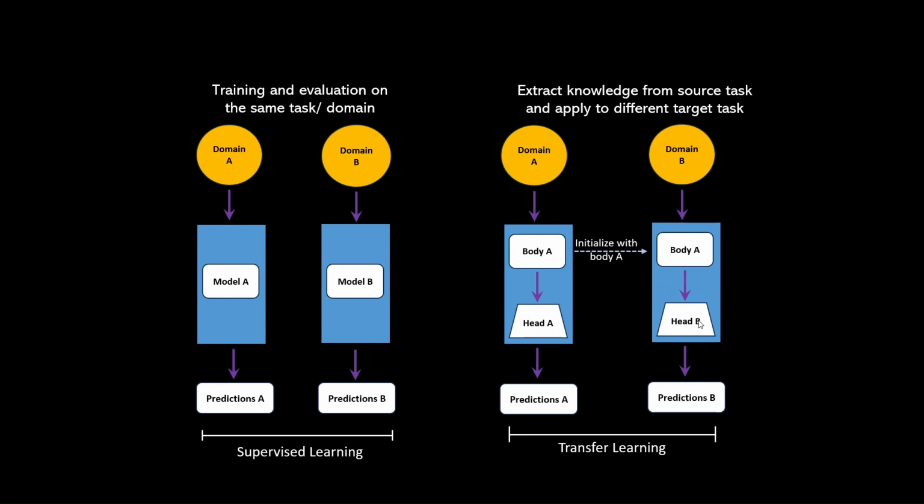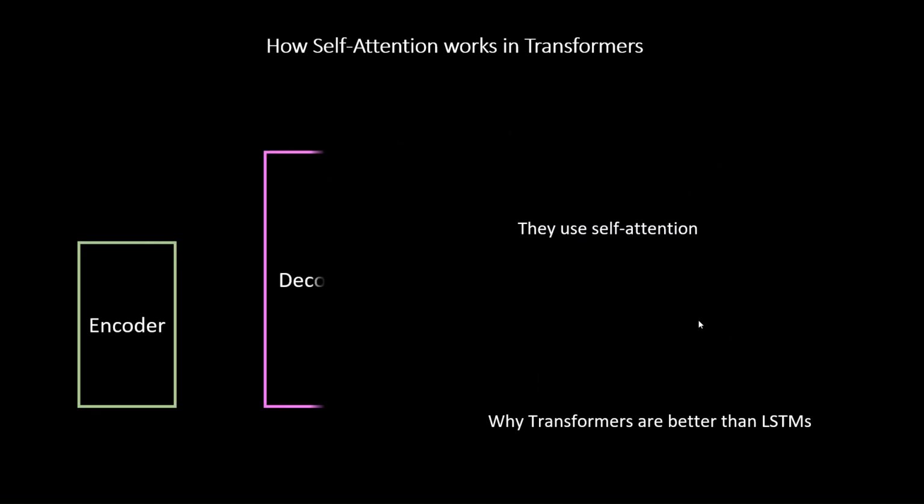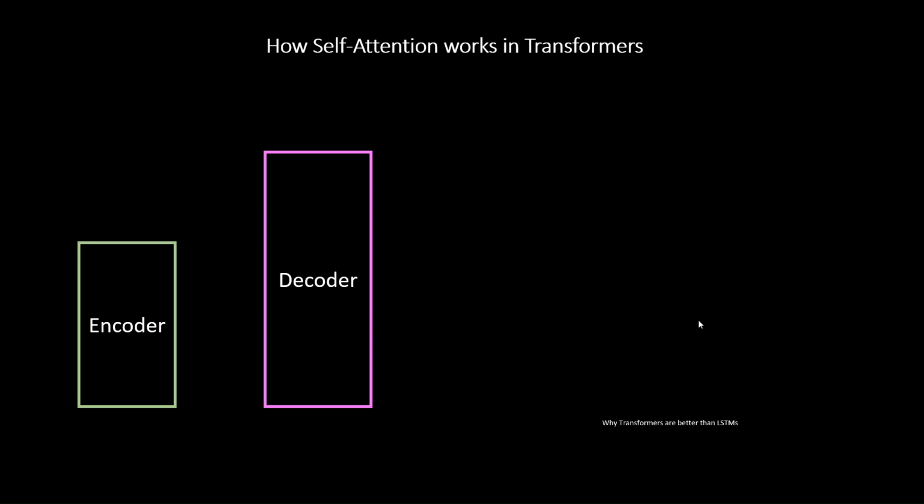Right. Now let's start by understanding the architecture of transformers. Suppose we wanted to make a chatbot that can take a sentence and output a response sentence. For this, you will need an encoder-decoder architecture, where an encoder will take the first sentence and encode it to some internal representation and pass that representation to the decoder to generate or predict the target sentence.